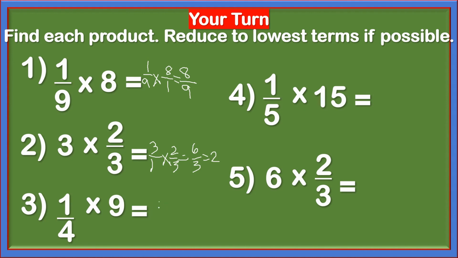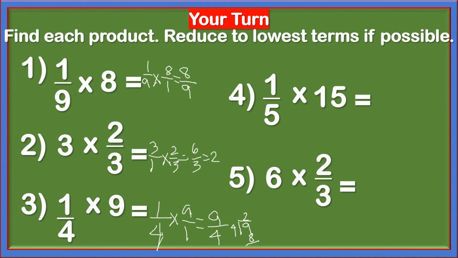For number 3, 1/4 times 9, 9 over 1 equals, what is 1 times 9? That would be 9. What is 4 times 1? That would be 4. Paano siya i-reduce? So, we divide 9 by 4. 9 divided by 4 is 2. 2 times 4 is 8.